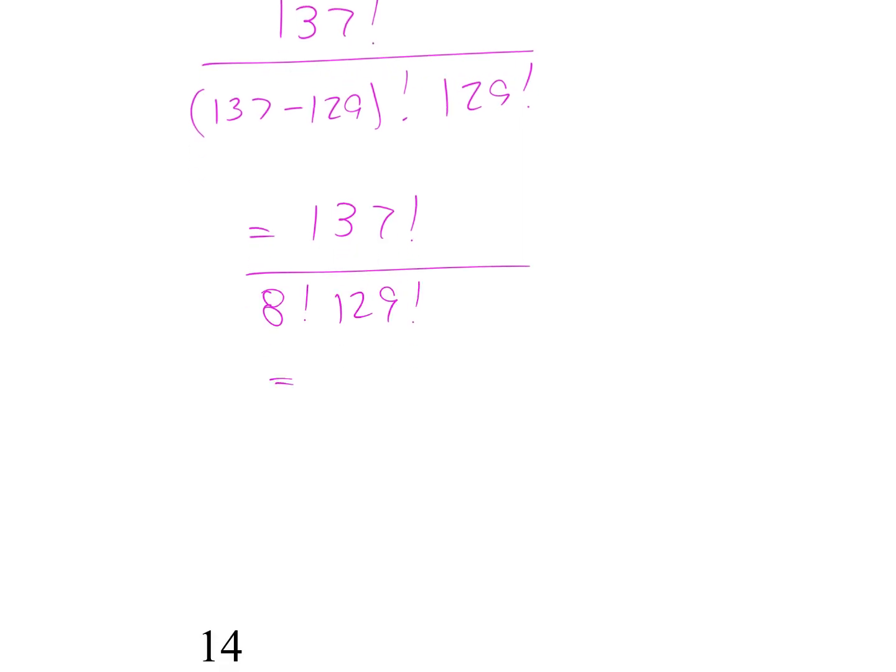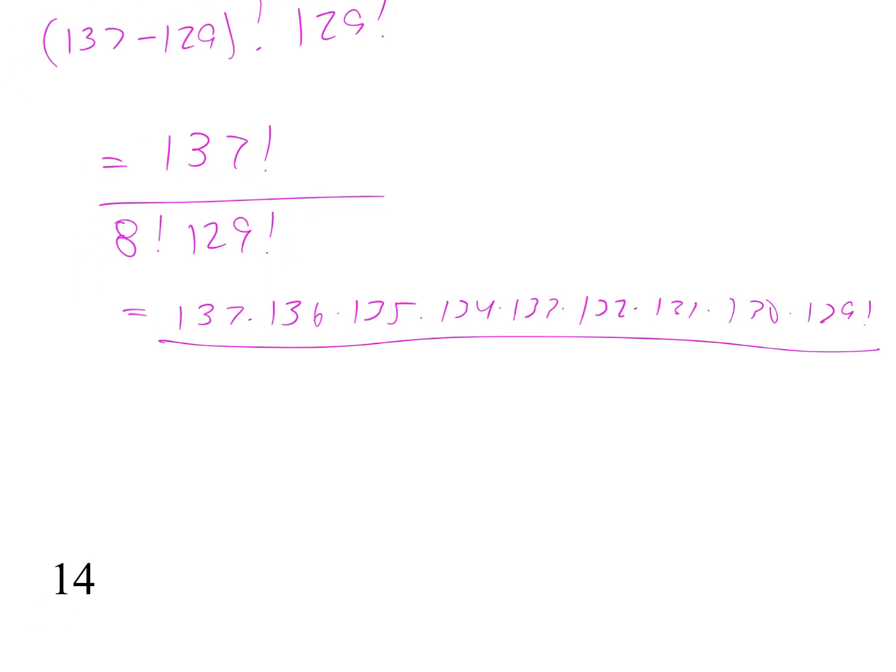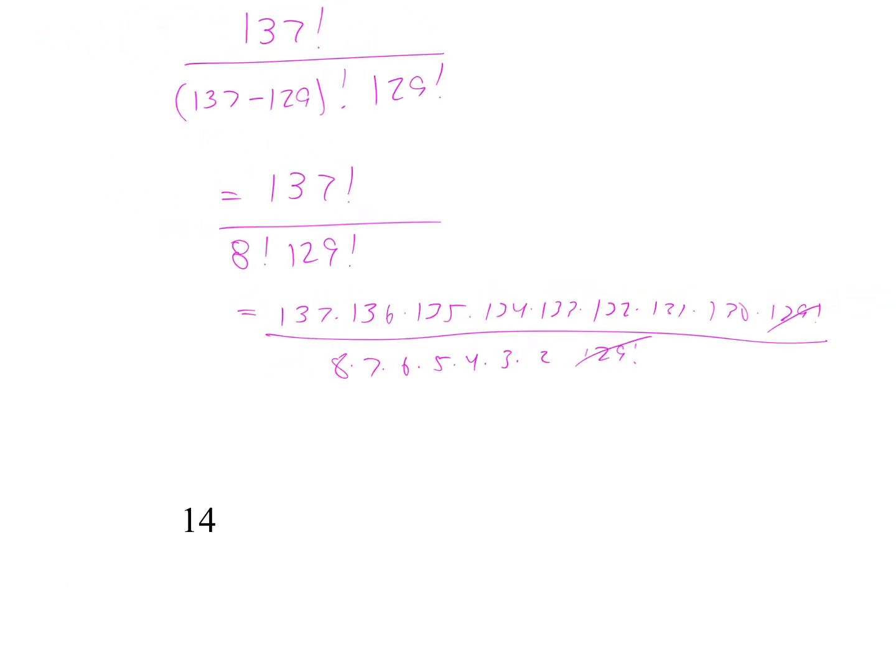So 137 times 136 times 135 times 134, 133, 132, 131, 130, 129. Can I stop there? Yes. And on the bottom I have 8 times 7 times 6 times 5 times 4 times 3 times 2 times 1 times 129 factorial. Does this work in your calculator, or does it tell you scientific notation? Scientific notation.